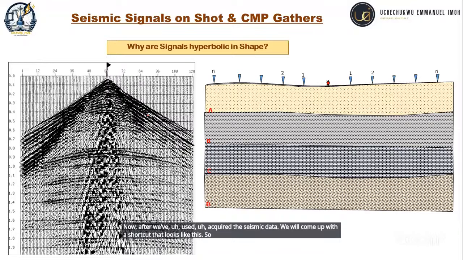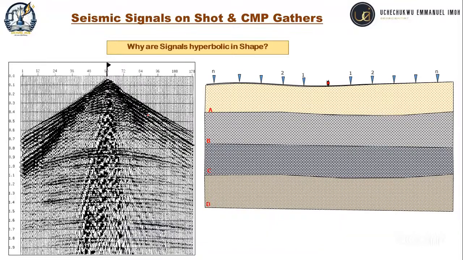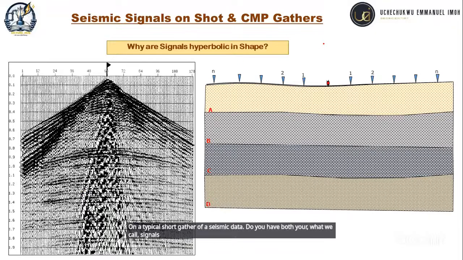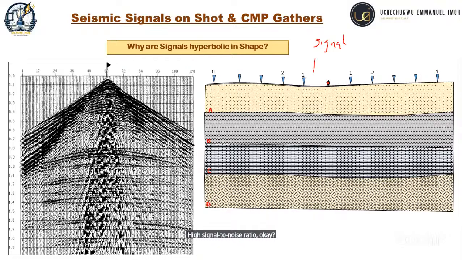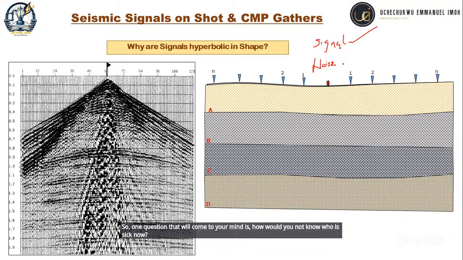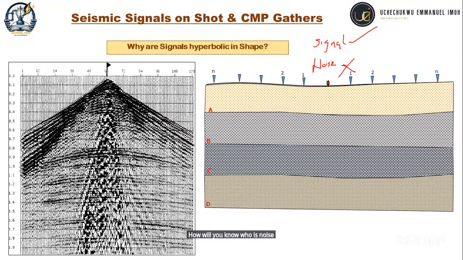So the essence of me trying to explain this is, on a typical shot gather of seismic data, you have both what we call signals and the noise. And I told you the element of good processing is that it has to have high signal to noise ratio, so your signal has to surpass your noise. One question that will come to your mind is, how will you know who is signal and who is noise, which is what we don't want.